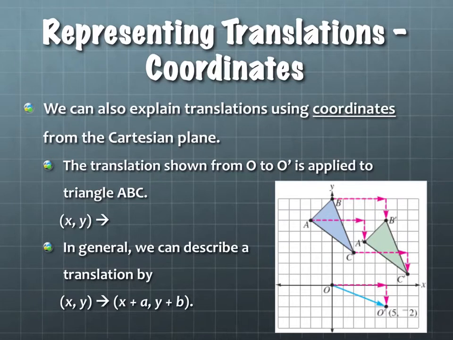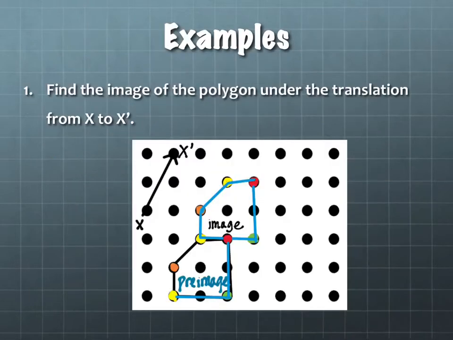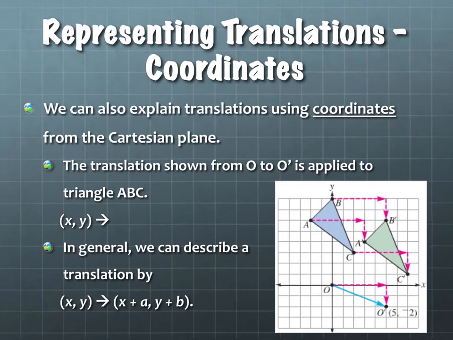The translation shown from O to O prime, that's that blue line or that blue arrow at the bottom, you see? That's actually the same as this piece up here was originally. It's showing where the translation is starting and where it's ending and how it's shifting. And that one actually tells you you're going how many right and how many down. What do you see?